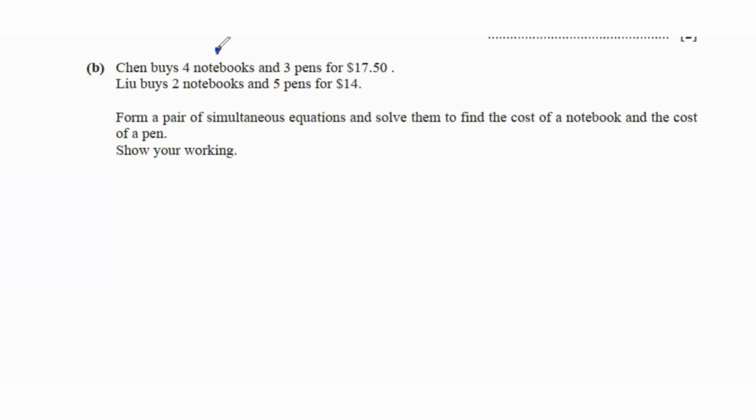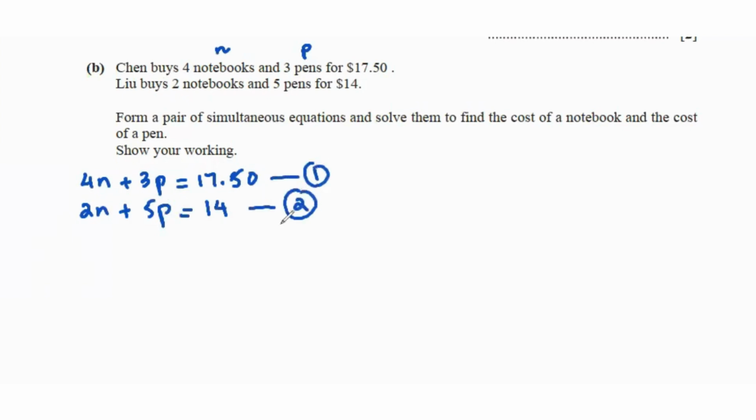I'm going to say notebooks are N and pens are P. So 4N plus 3P equals 17.50. Then 2N plus 5P equals 14.